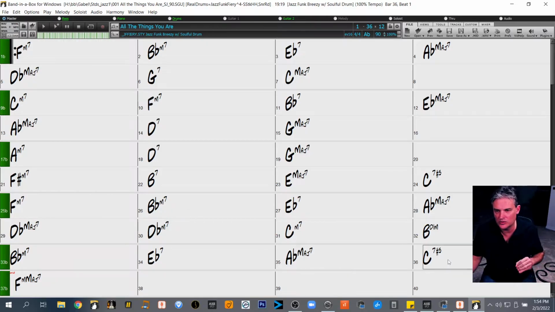But the composer used a dominant 7 sharp 5 to create that tension, and that cycles us back around to F, because if we're at C, let's say C minor, and we move 4 degrees, we would be at F minor.